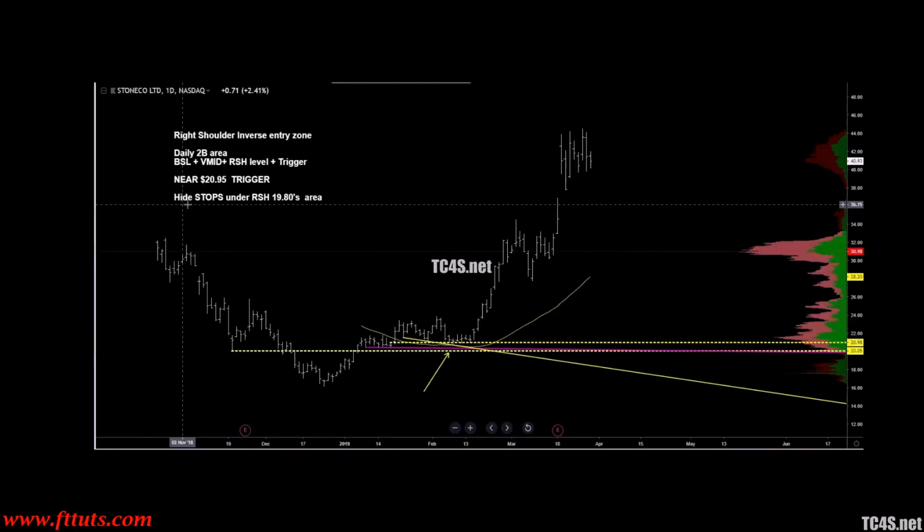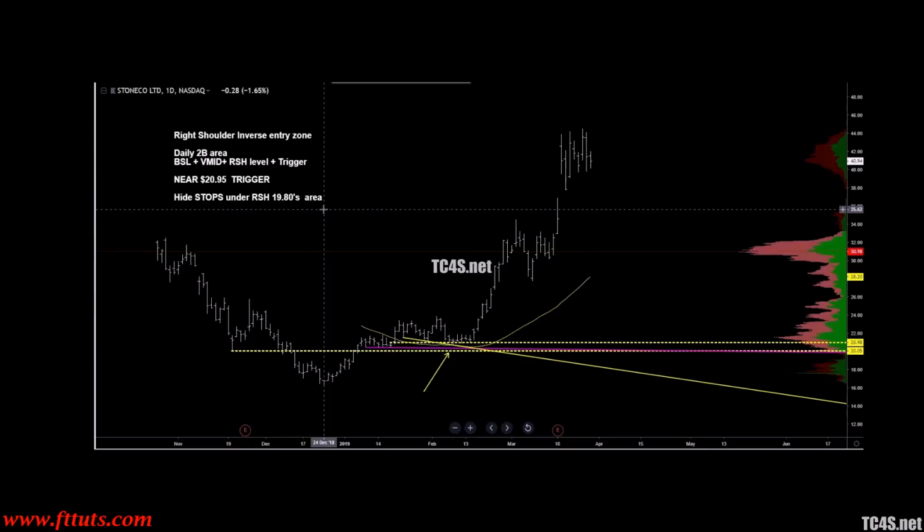I even wrote it here: hide stops under right shoulder, 19.80 area. So you're basically trying to get in at that 21 spot with a stop just under that $20 mark, which hides under the right shoulder.